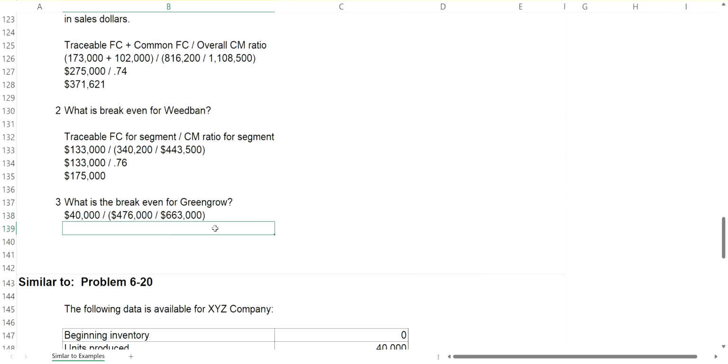And that's what I wrote out here. So 40,000 divided by, and when you divide those numbers, you get 0.72 as your contribution margin ratio. So the break even on just GreenGrow in sales dollars is $55,556. Thank you very much.